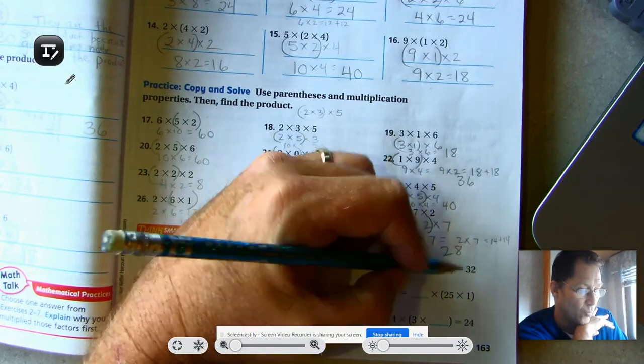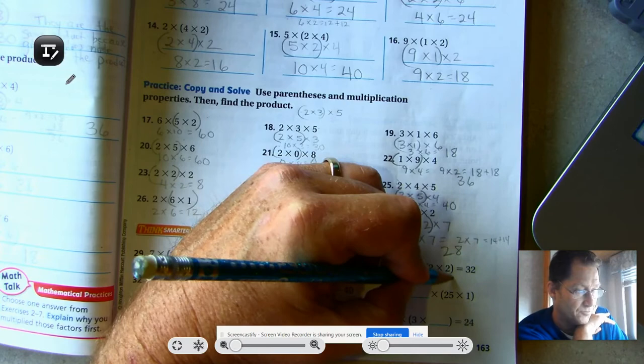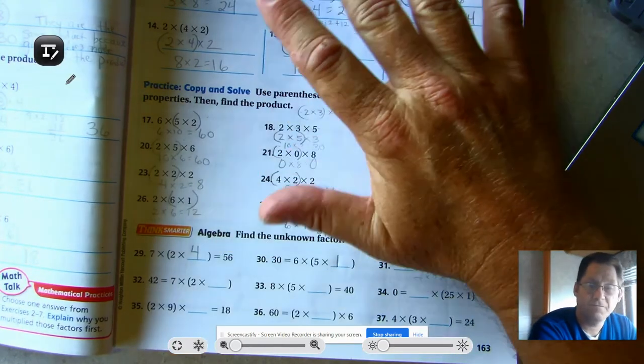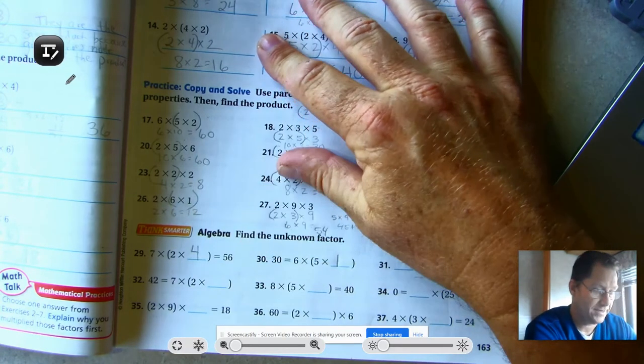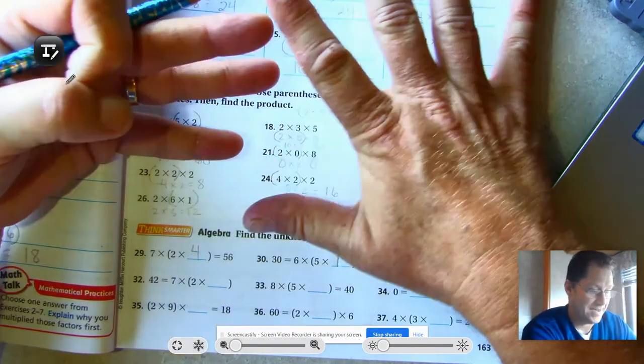2 times 2 is 4. So 4 times what is 32? Count by 4s. 4, 8, 12, 16, 20, 24, 28, 32. So 8.